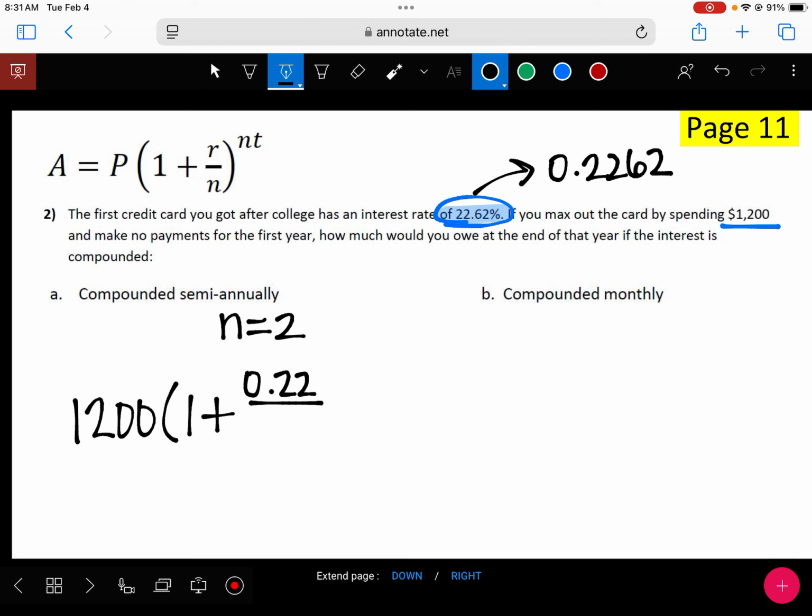So you're going to have 0.2262. Now it's over 2, and it's to the power of 2 times 1 because it's 1 year. The only numbers you're changing from B, C, and D are what you see highlighted. So go ahead and type it in, and I want you to work on all 4. Do A, B, C, and D.